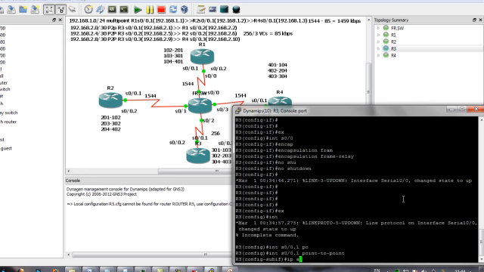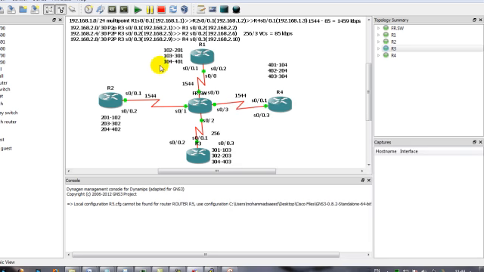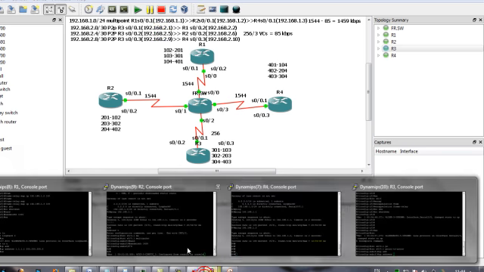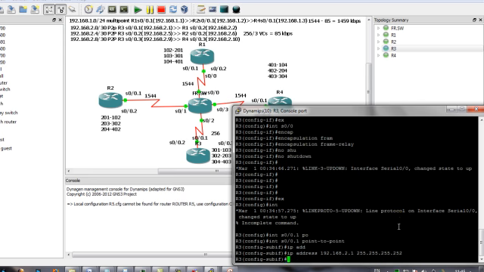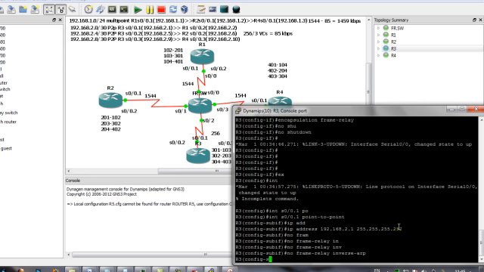Now the IP address for Router 3 will be 192.168.2.1, 255.255.255.252, because the subnet is /30. Now no frame-relay inverse-arp.